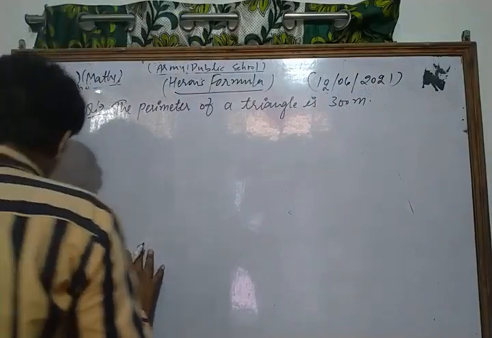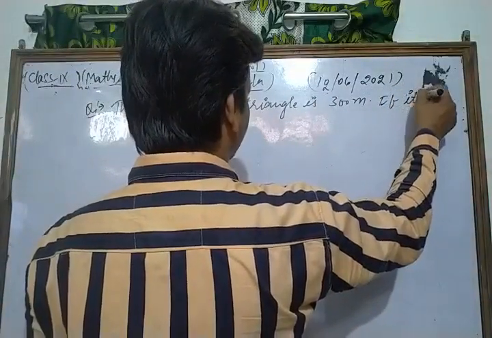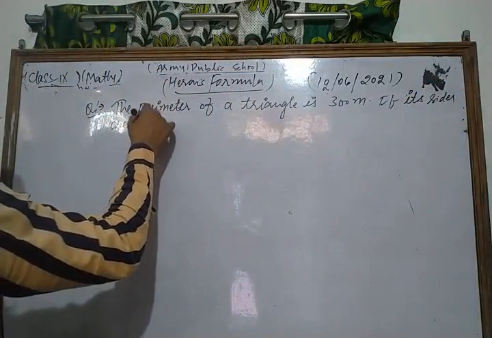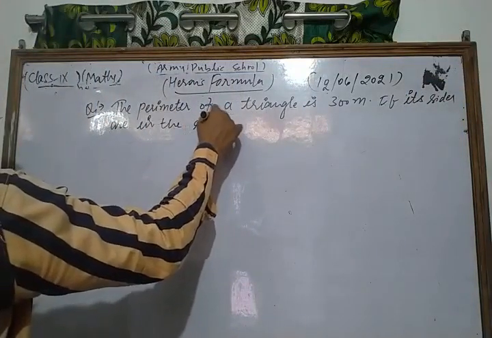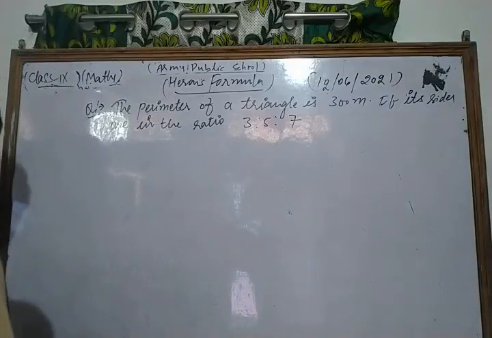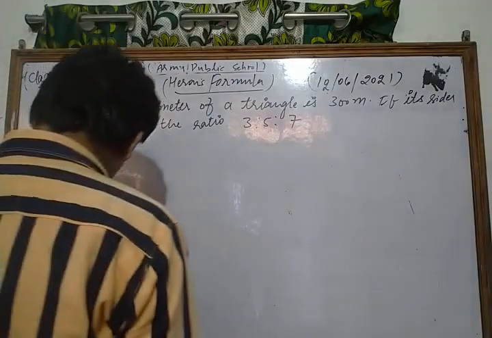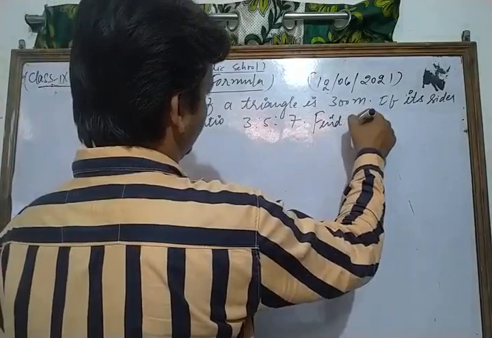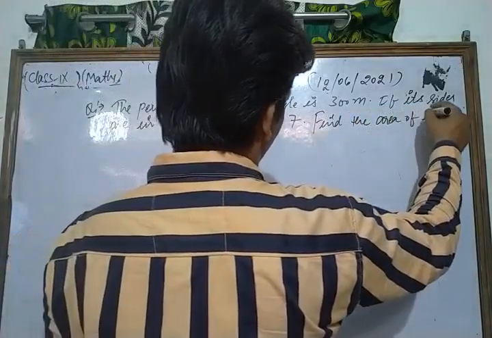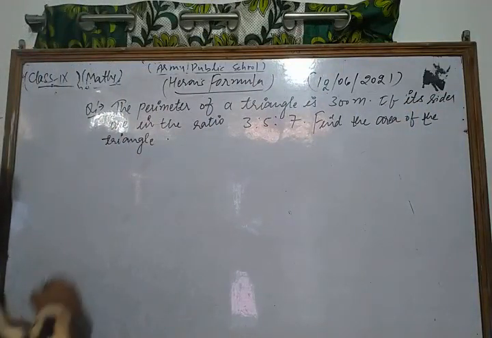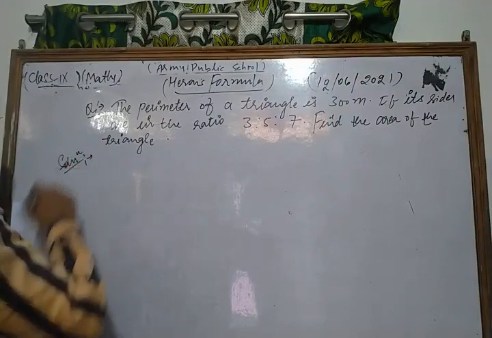If its sides are in the ratio 3 is to 5 is to 7, find the area of the triangle. Let's see its solution.